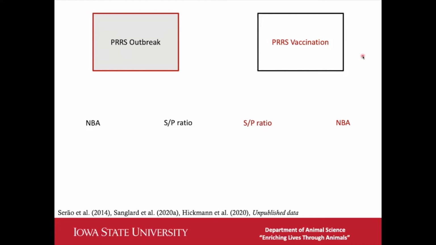Okay? So when we look at number born alive and antibody response to PRRS, number born alive is lowly heritable. We know that. And heritability for aspirate ratio should be somewhere between 0.32 and 0.45. When we look at PRRS vaccination, from the study that we got on vaccination, we got 0.38 heritability for aspirate ratio, and again, number born alive is low, less than 10%.